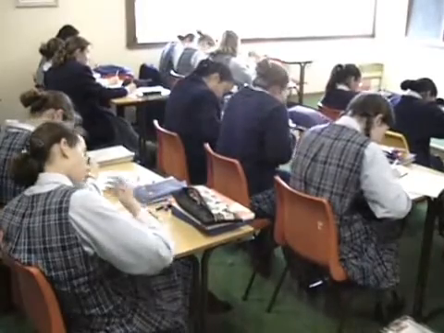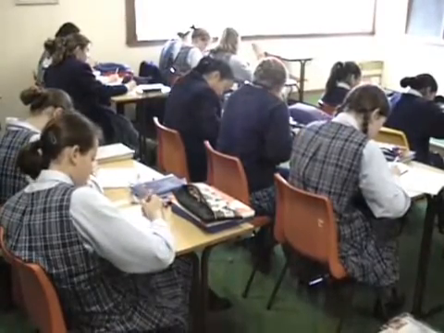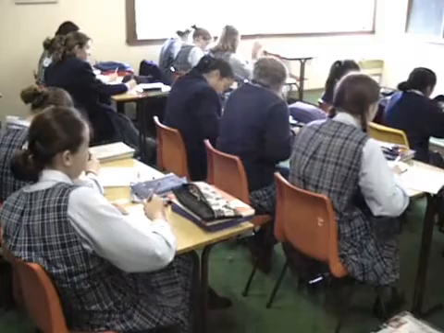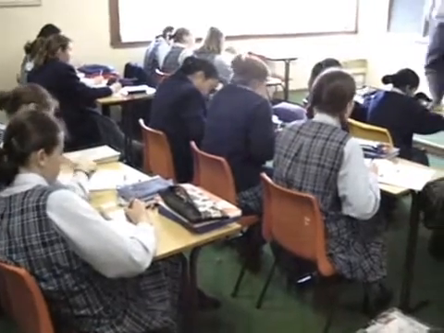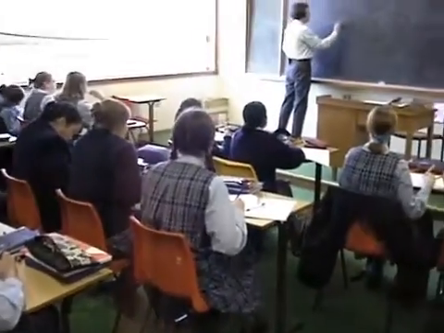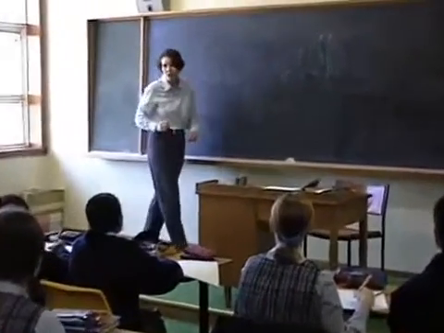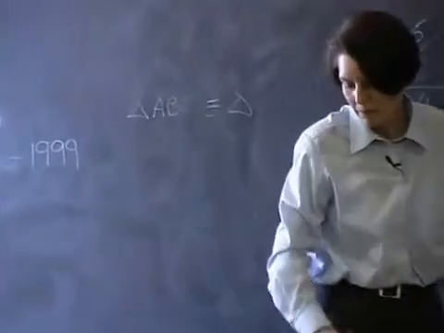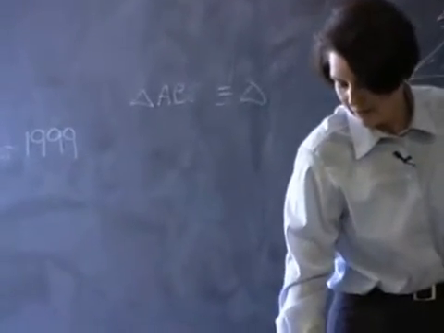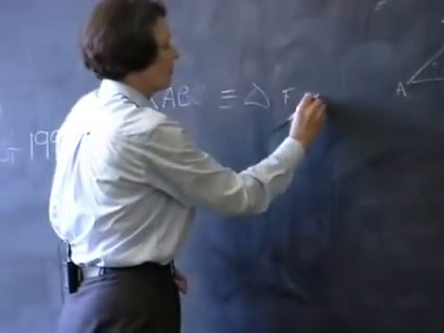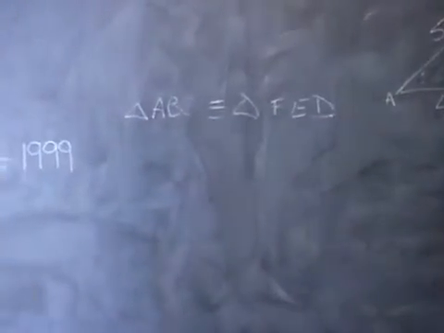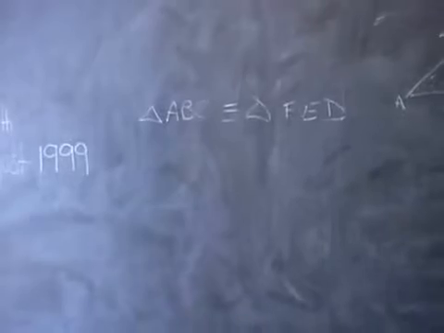Yes. Number 9, triangle ABC is congruent with triangle DEF. She hasn't got it right. Triangle what? FED. You said FED. Why did I say FED? What's the same?